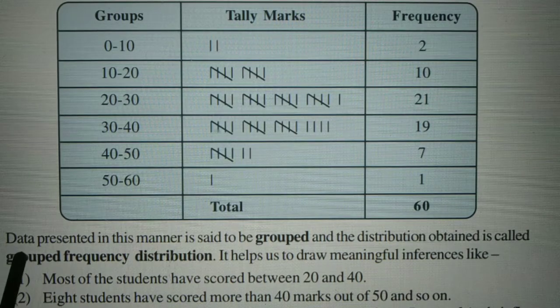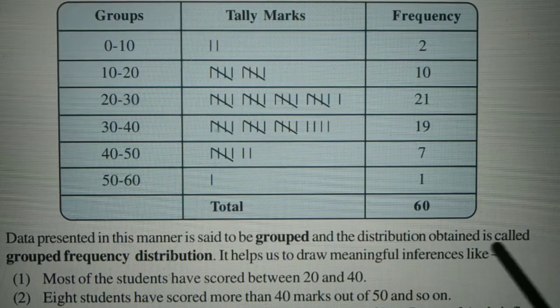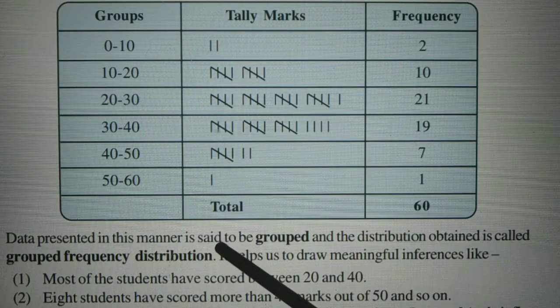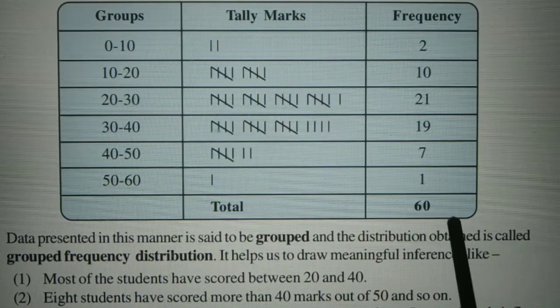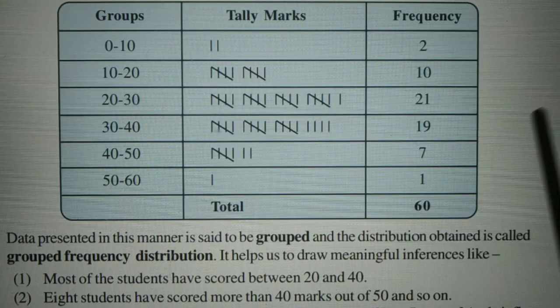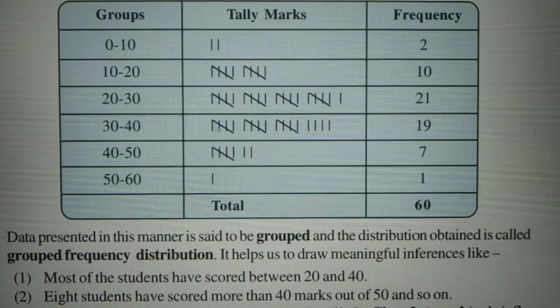See here, data represented in this manner is said to be grouped data, and the distribution obtained is called grouped frequency distribution. So by using these two things, group and its frequency, we can form a graph, and that kind of graph is known as a histogram.